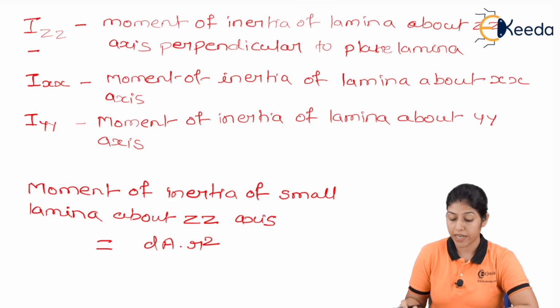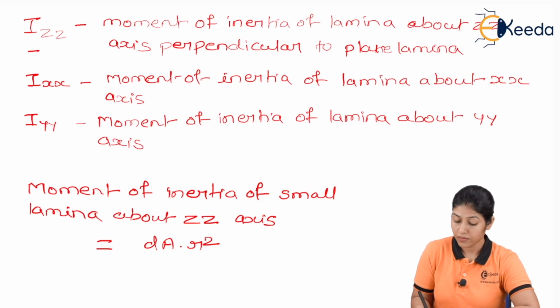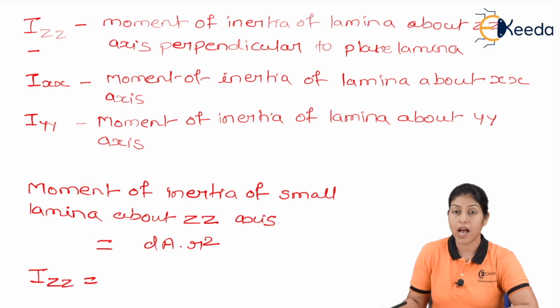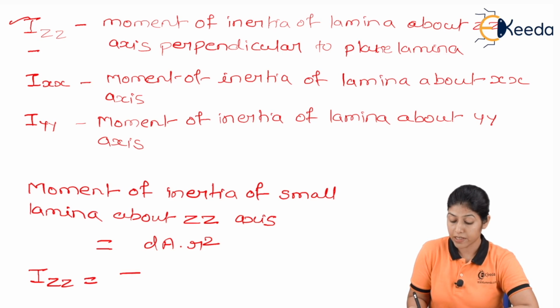Here we are taking a small elemental component. Now, if we find the total moment of inertia for the complete lamina about the ZZ axis, it is represented by the summation of dA r square. So Izz, the moment of inertia of the lamina about the ZZ axis which is perpendicular to the plane lamina, equals the summation of dA r square.